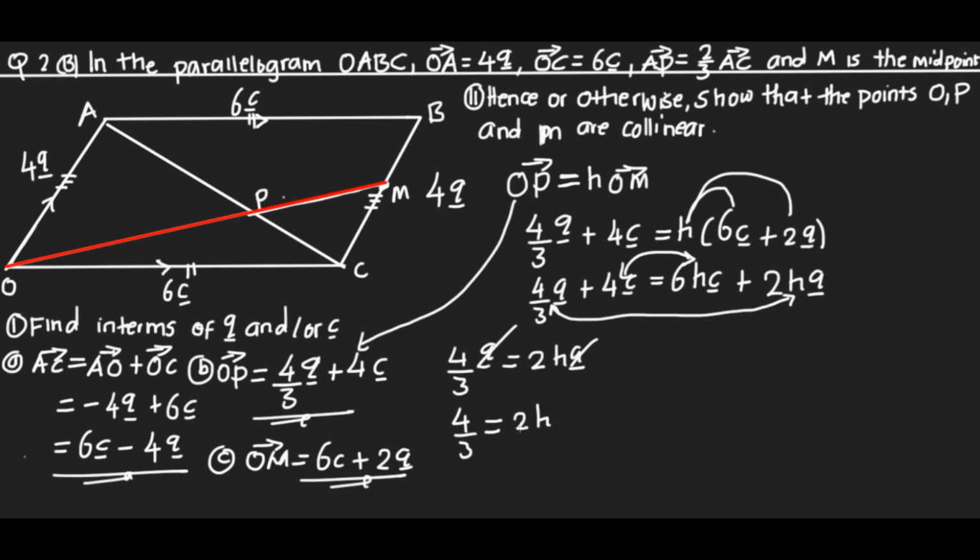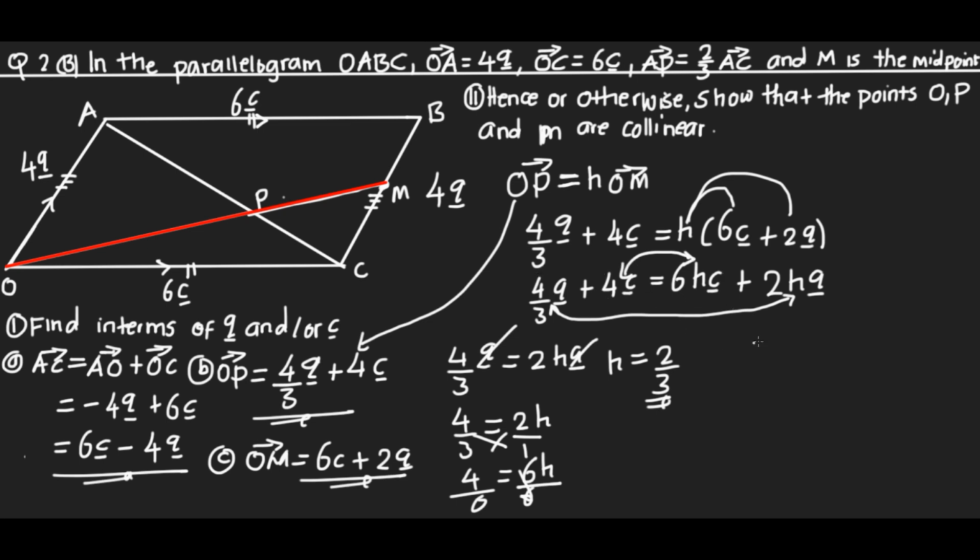We can divide by 2, or we can just cross multiply. 4 times 1 is 4, and 3 times 2 gives us 6H. So H is equal to 2 over 3 when reduced. If we can prove that this and this give us 2 over 3, then the given points are collinear.